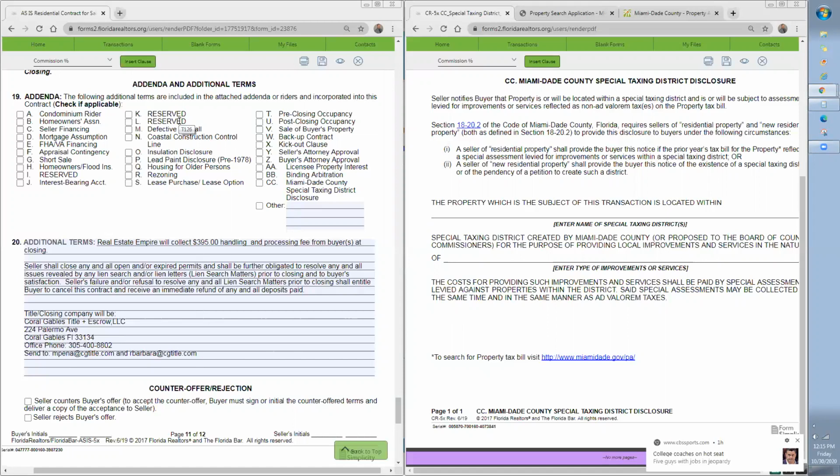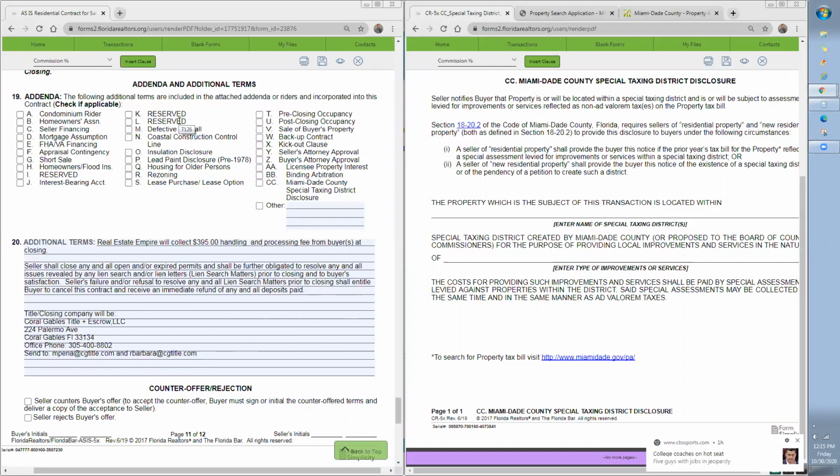You know that you need to send an as-is residential contract with the FHA addendum, also the defective drywall addendum, the homeowners association addendum, the special licensee property interest, and if it's in Miami-Dade County, the Miami-Dade County Special Taxing District disclosure.